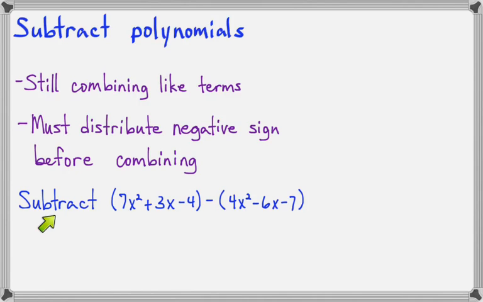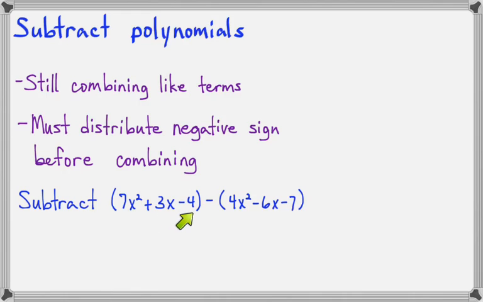Here's our first example. Let's subtract 7x squared plus 3x minus 4 minus 4x squared minus 6x minus 7. Now you will remember from previous lessons that whenever we have a negative in front of a set of parentheses, it has to be distributed. So we'll do that here.